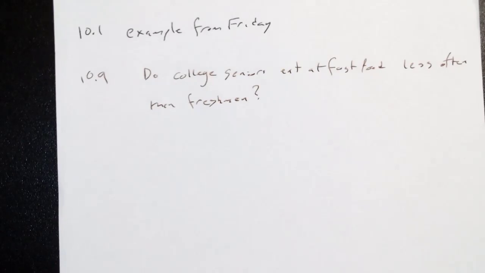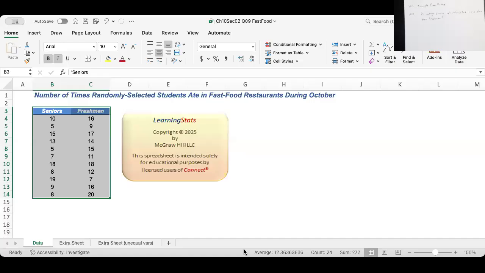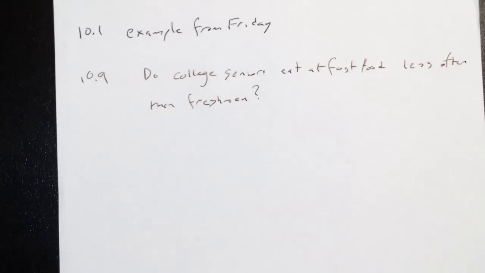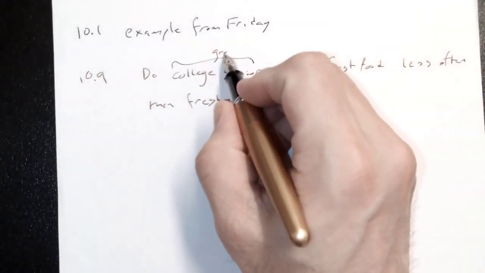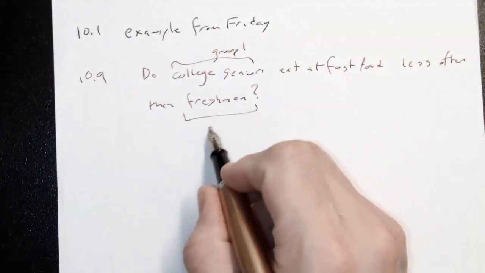And the way the data is organized in this particular spreadsheet, seniors are in column 1, freshmen are in column 2. Let me continue with that. So I'm going to label the seniors as group 1 and the freshmen as group 2.